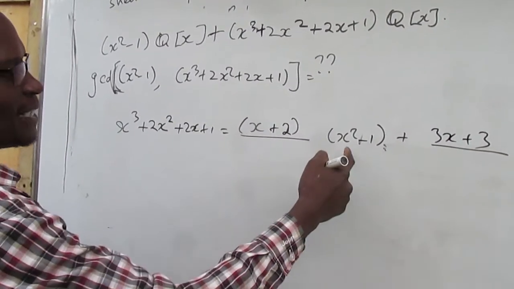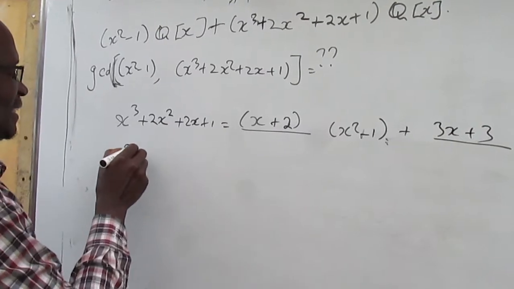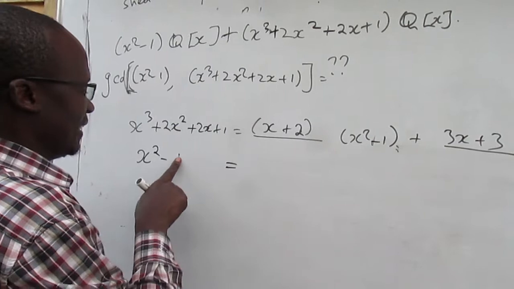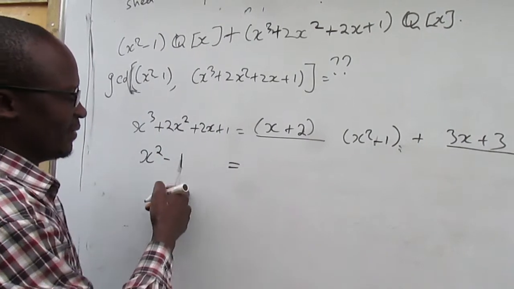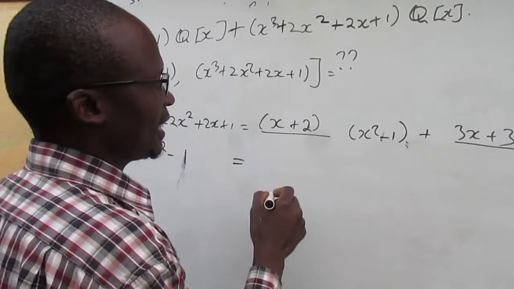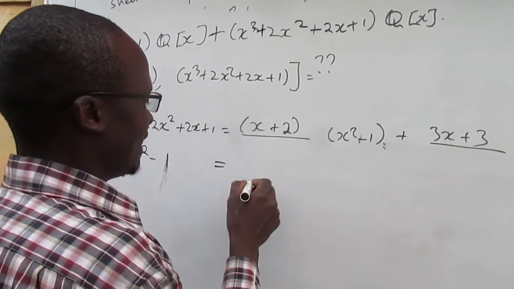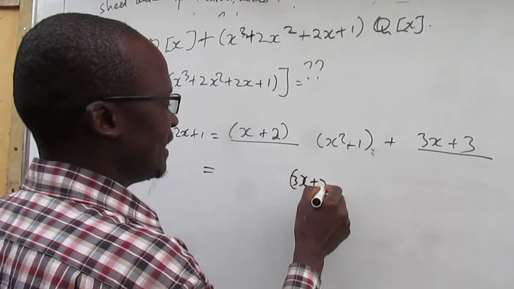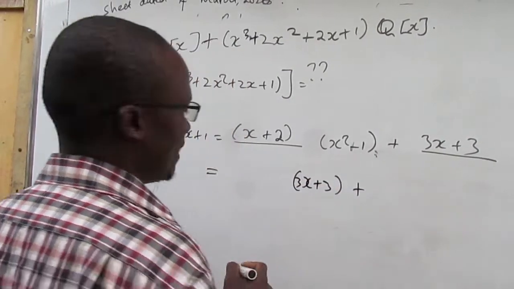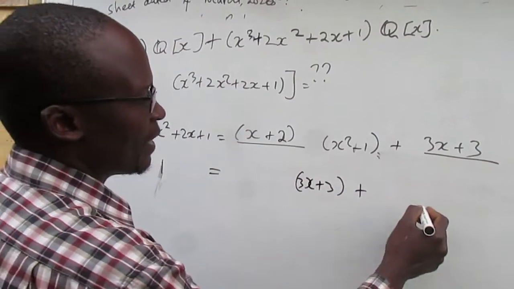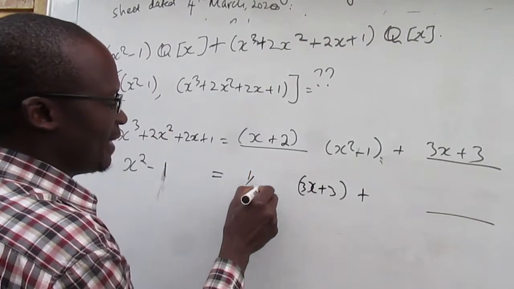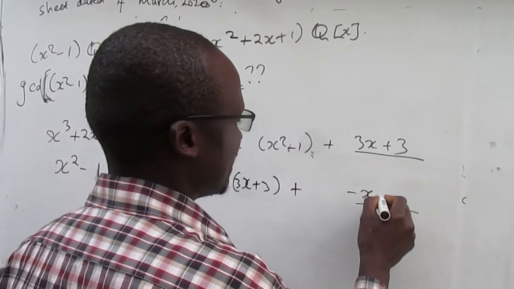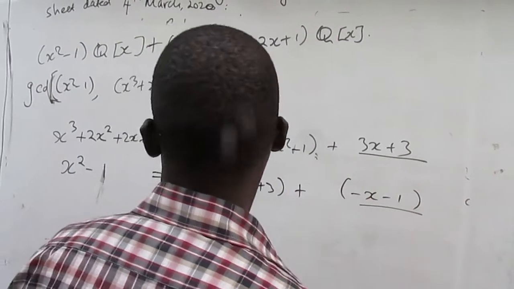So next we take the second generator, x squared minus 1, and we want to express it as some quotient times 3x plus 3 plus some remainder. Again, if you work this out, you'll find that the quotient is 1/3 of x and the remainder is minus x minus 1.